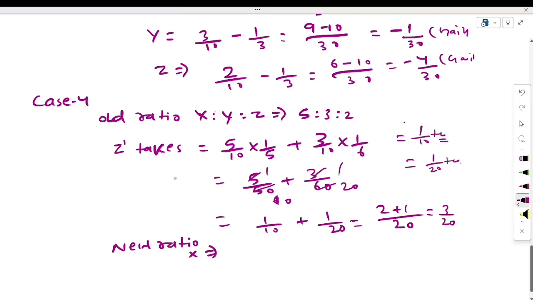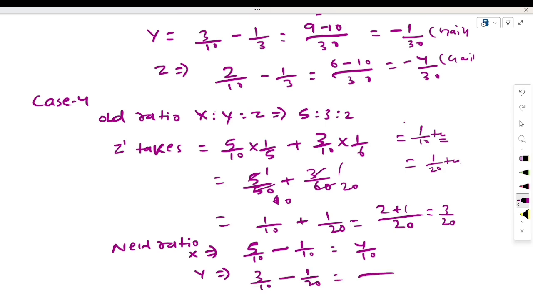New ratio for X: 5/10 minus the 1/10th he is surrendering, 4/10. For Y, what would be the new ratio? 3/10 minus 1/20. Here 20: 6 minus 1, 5/20. This is Y's new ratio.